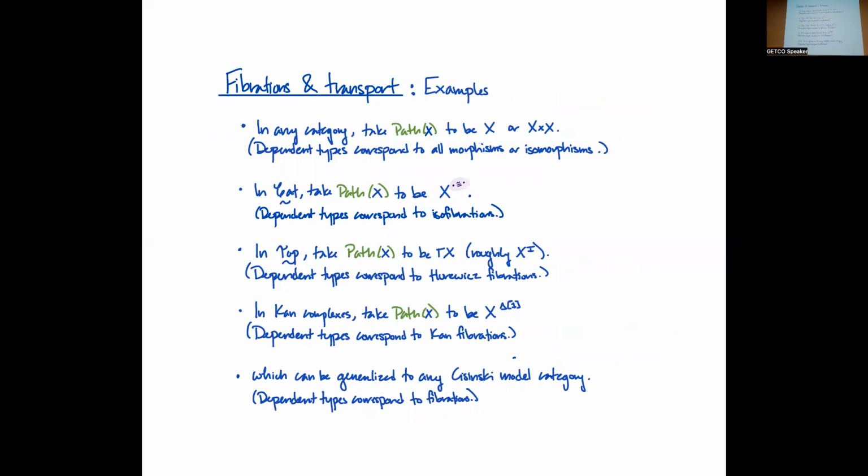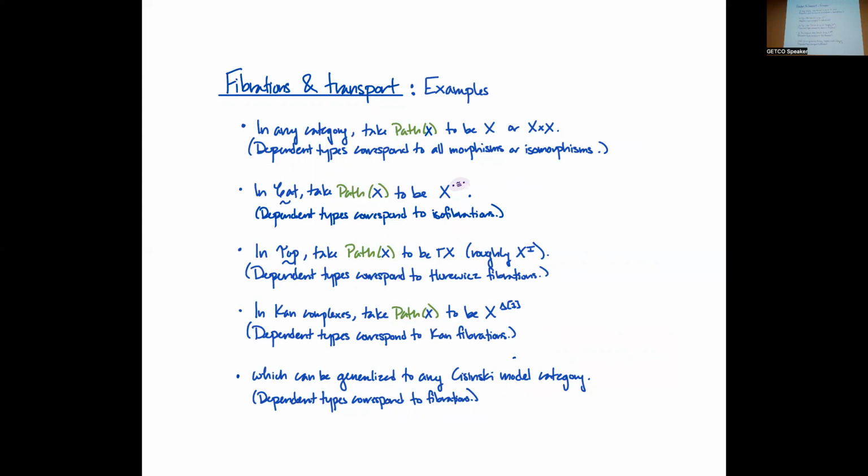Okay, so here are some basic examples, maybe your favorite examples. So in any category, we could take the path space to be either X itself, that's the minimal option, or X times X, the maximal option. When we take it to be X, this is representing literal equality in the category. And so we might say this is a model of extensional type theory, for those of you who know what that means.